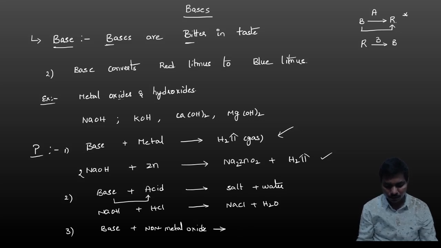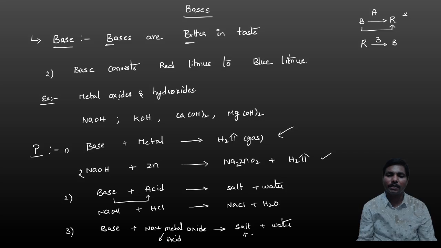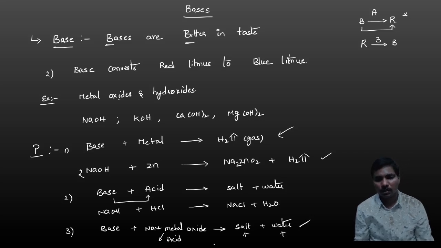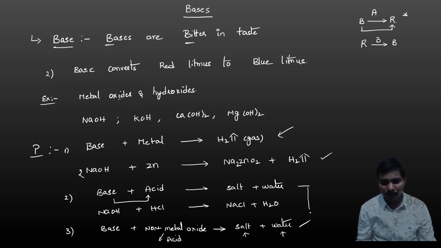Here you will get salt plus water. Why? Because non-metals are acidic in nature. So whenever a base reacts with an acid, again what will happen? Salt plus water only. So it is the same property in another way.